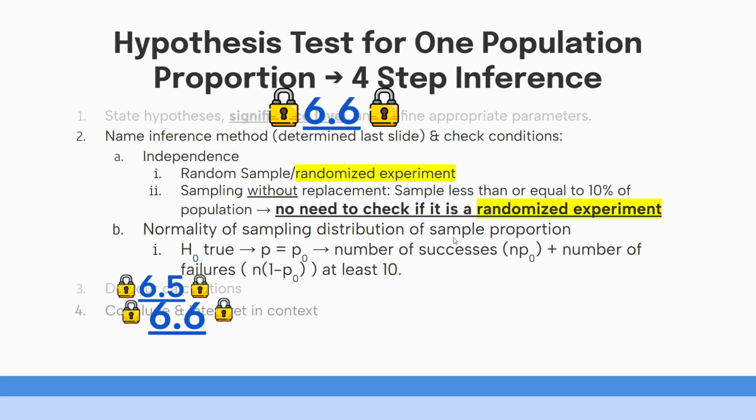And then you have to check the sampling distribution of our sample proportion, where we assume the null hypothesis is true, p equals p0: the number of successes, n times p0, plus the number of failures, which is n times 1 minus p0.